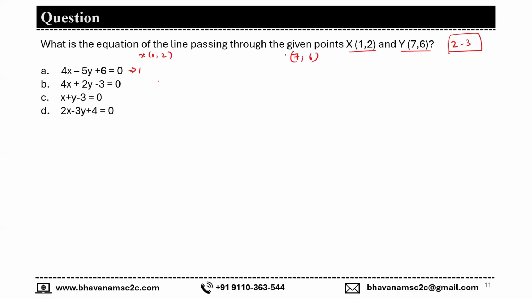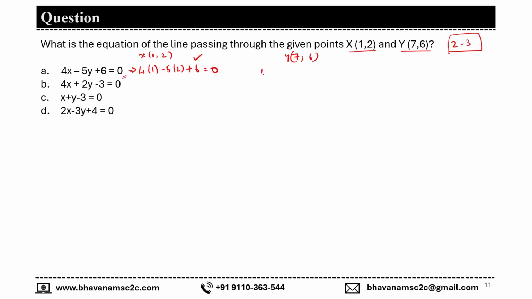It should become 0. It should satisfy the equation. Yeah, you're right. So it's going to be 4 into 1 minus 5 into 2 plus 6. What is it? 4 plus 6 is 10, and minus 10 is 0. So this is getting satisfied.